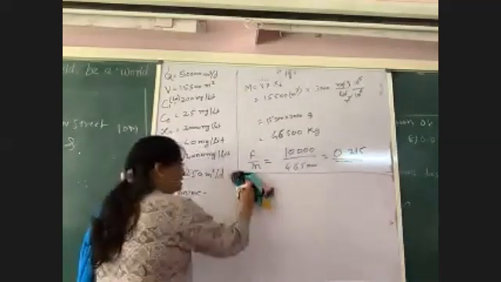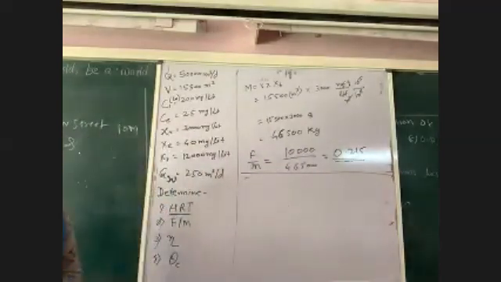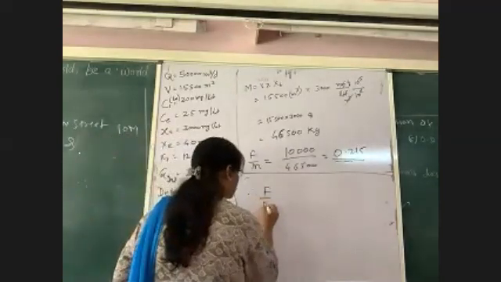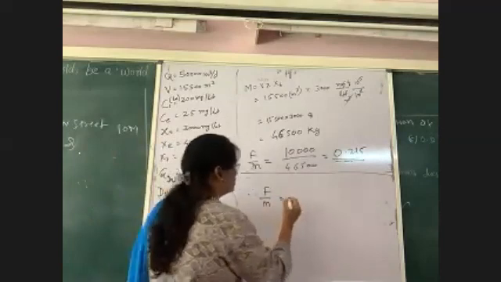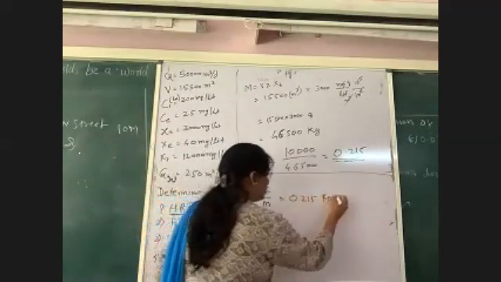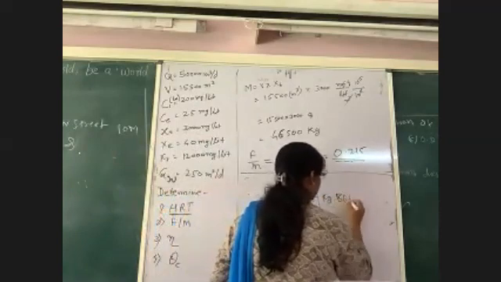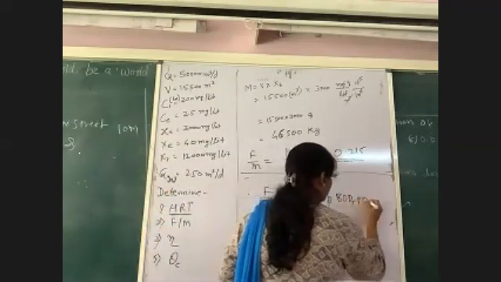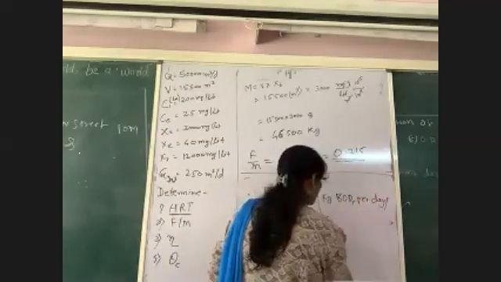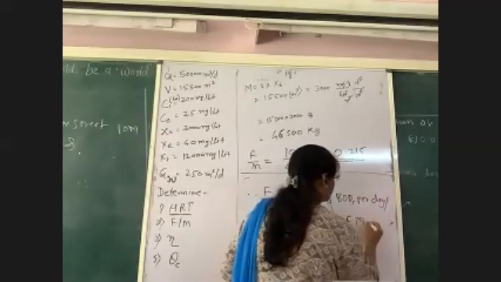Are you getting? Got your answer. Therefore, F by M ratio is equal to 0.215 kg of BOD5 per day per kg of MLSS.